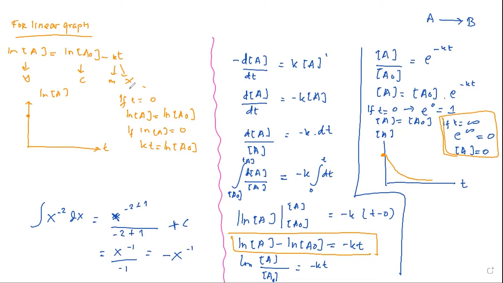So t equals ln A0 over k. So when ln A equals 0, the time equals ln of the concentration of A0 over k. Then you get the best fit line like this, and this slope will be equal to negative k.